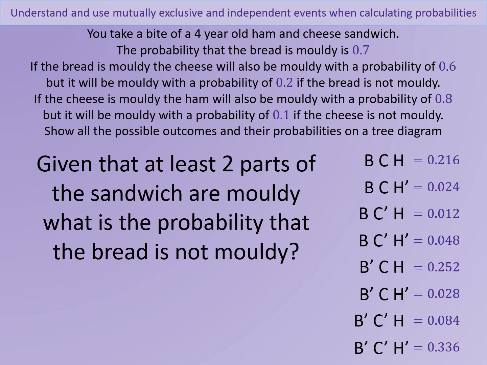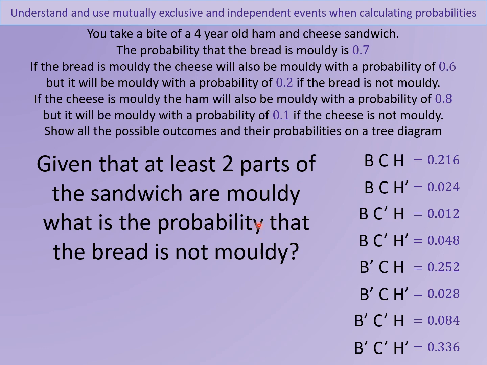Right, given at least 2 parts of the sandwiches are mouldy, what's the probability that bread is not mouldy? So again, pause there, see if you can work that one out. Okay, let's have a look at this then. Given at least 2 parts of the sandwich is mouldy, so someone's looking at the sandwich and going, right, we've got ham and cheese mouldy, we've got bread and ham mouldy, we've got bread and cheese mouldy.